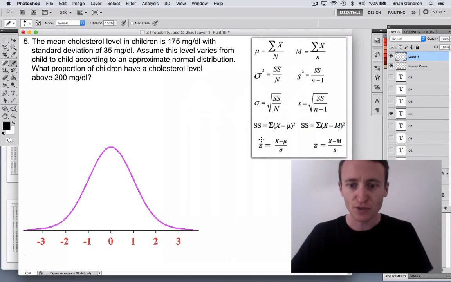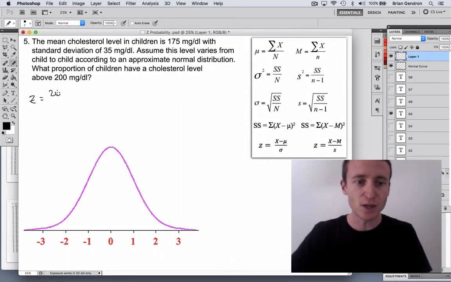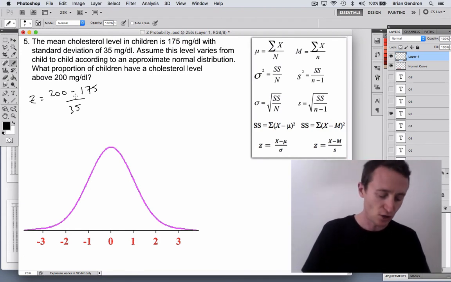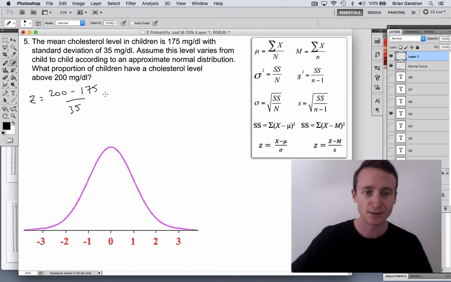We do that using the formula for standardization. So here we go. Z is equal to our x value of 200, subtract the mean of 175, and then divide by the standard deviation of 35. So we get 25 on top in the numerator divided by 35 gives us a z-value of 0.71.